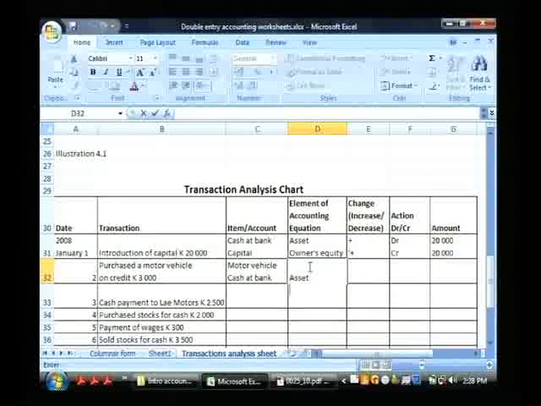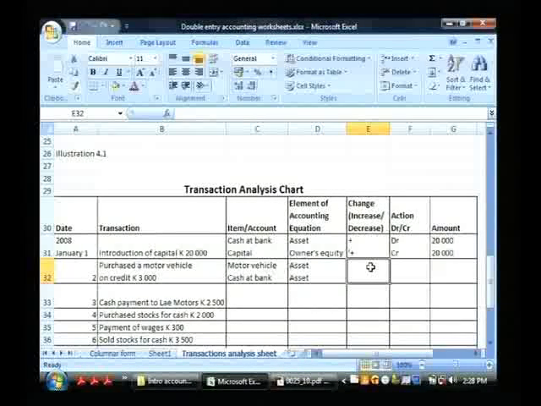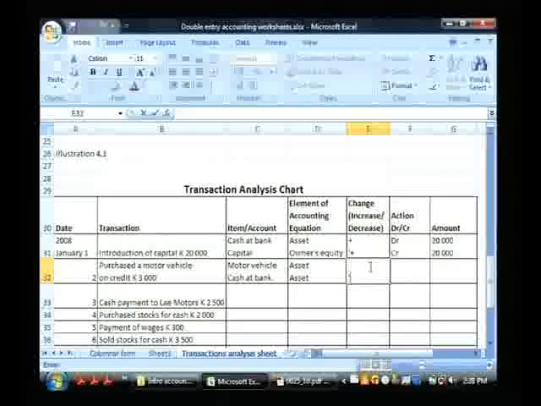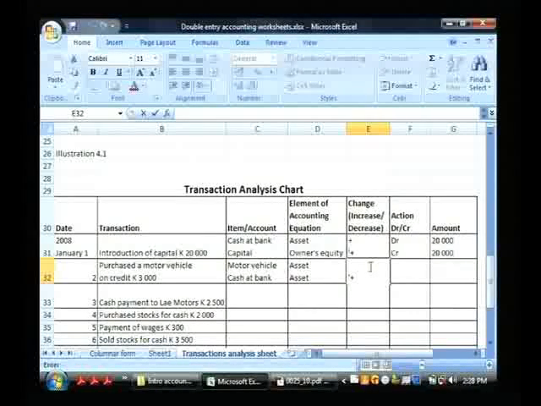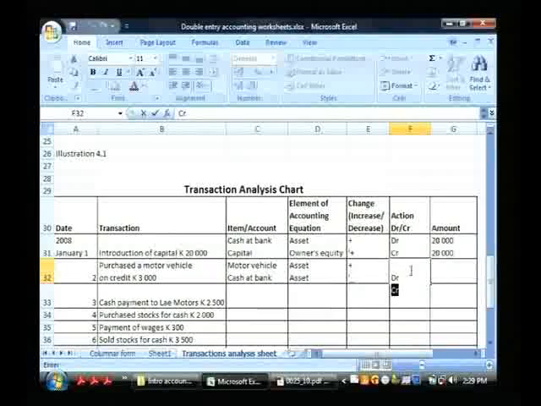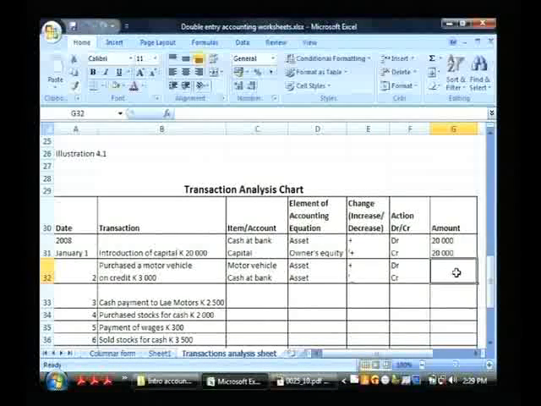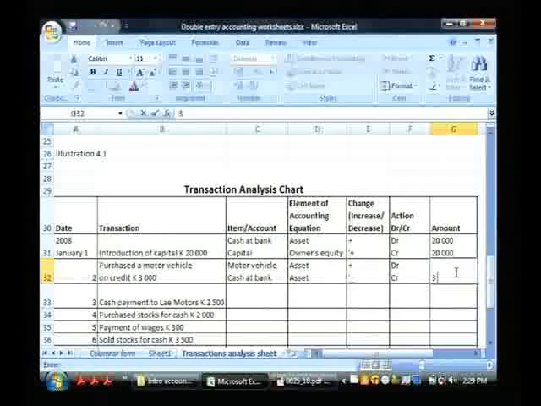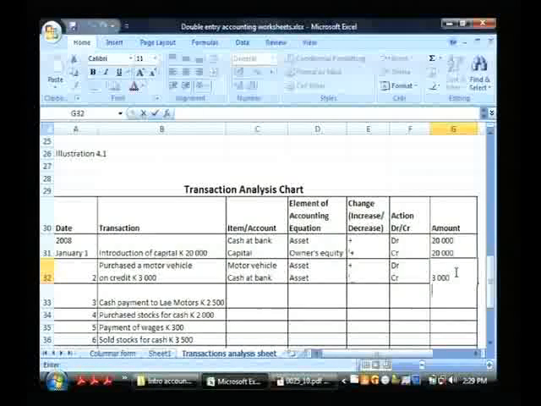Cash at bank also an asset. Motor vehicle asset increased. Cash at bank asset decreased. Increase of asset debit, decrease of asset credit. Amount involved 3,000, 3,000.